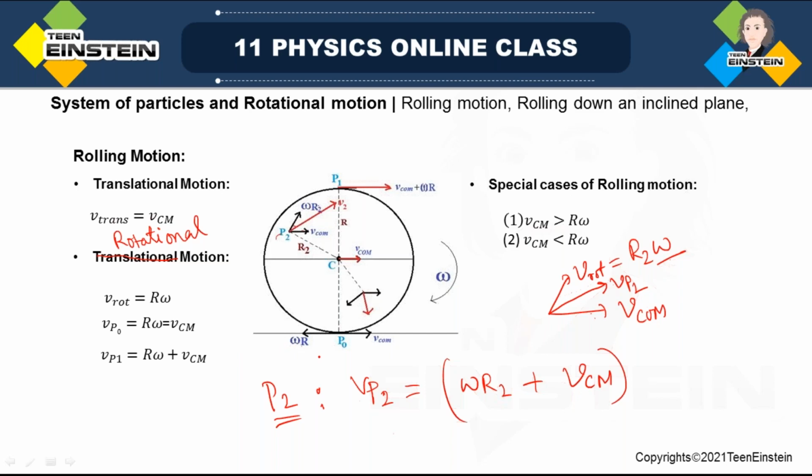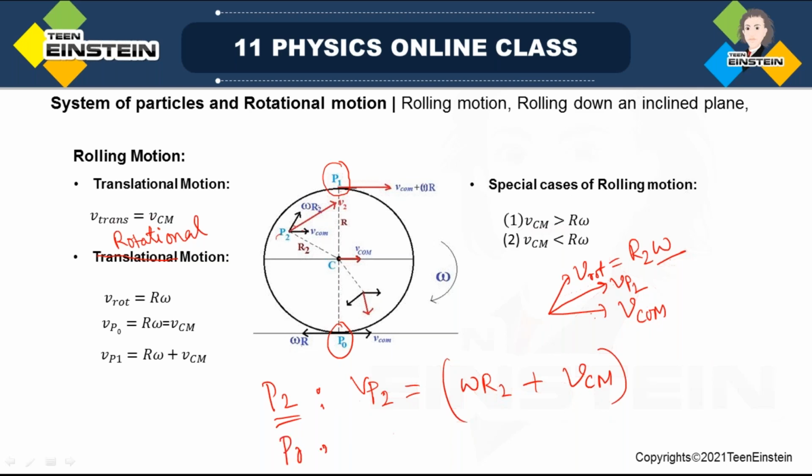Now similarly, let us consider the motion of P1 and P0. P1 is the topmost point and P0 is the bottom point.